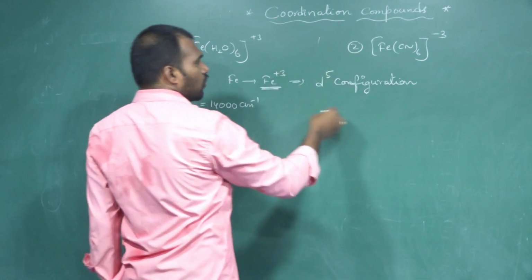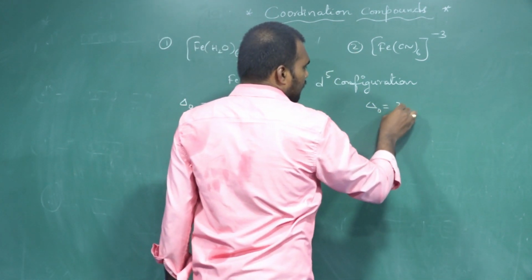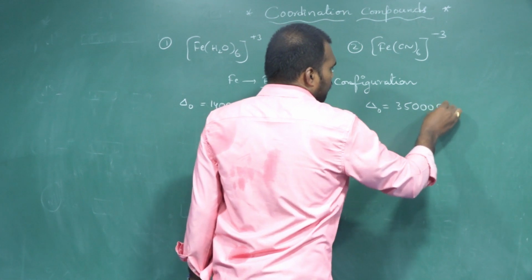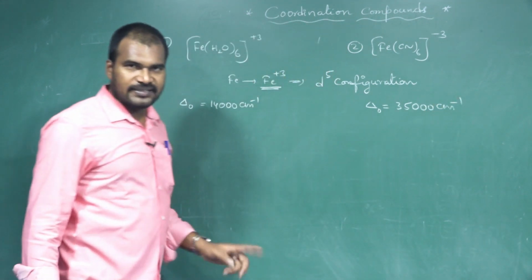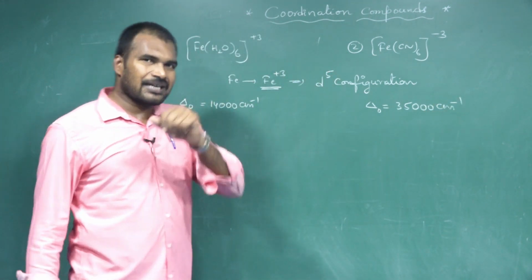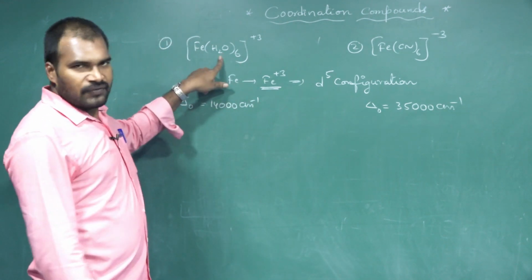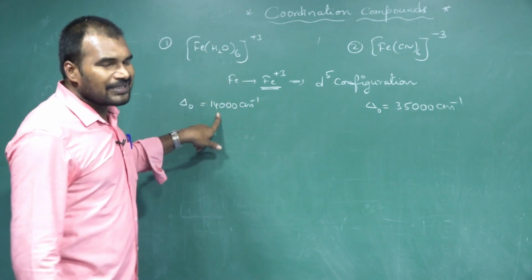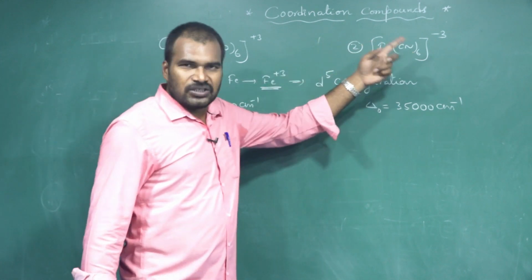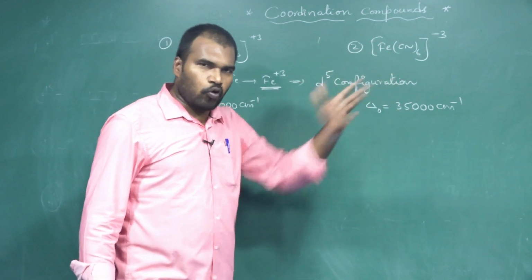Whereas in this complex, the del O value is nearly 35,000 cm inverse. As I said, crystal field splitting energy is directly proportional to ligand strength. So a weak field ligand has lesser splitting energy, whereas a strong field ligand has more splitting energy.